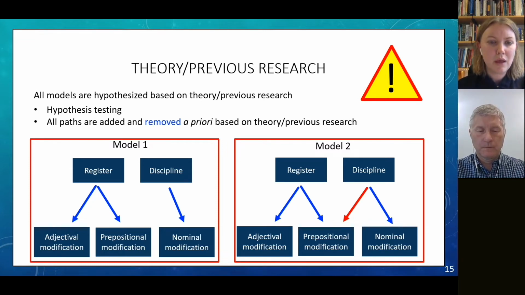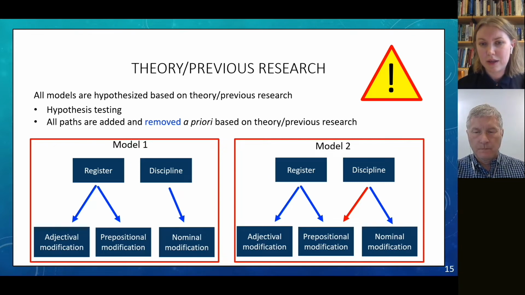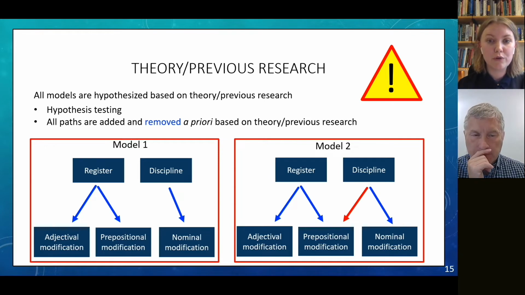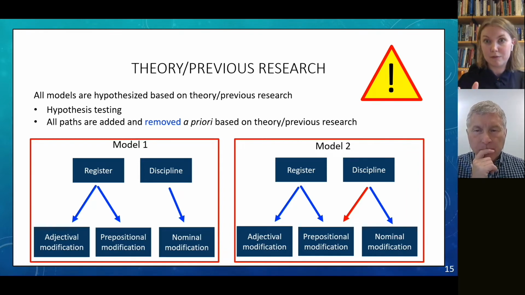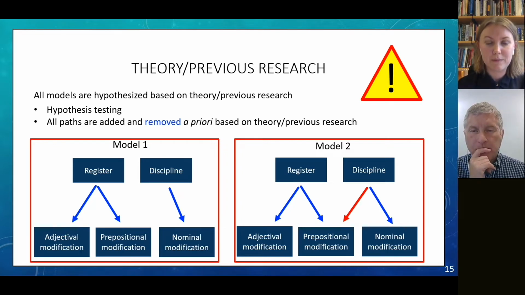Model 1 would be this, and model 2 would be, okay, I have a competing hypothesis here that says register affects the same types of modification, but discipline not only affects nominal modification but also prepositional modification, so the red arrow in here. That would be the competing model, model 2, and then we test to see which one, if either, has better fit. And again, Greg is going to return to this in his part of the lecture, what good fit means and all that.